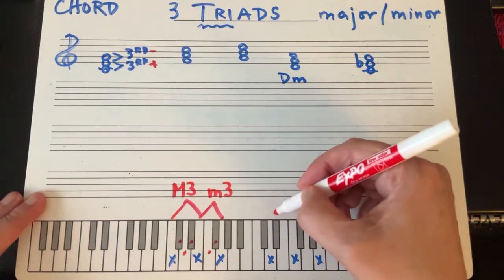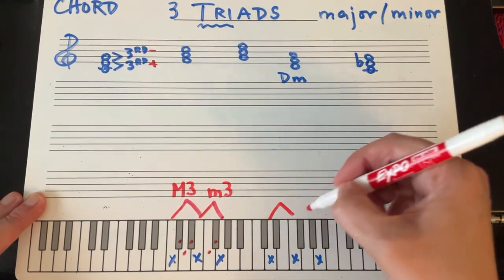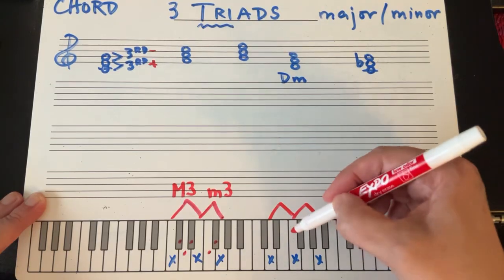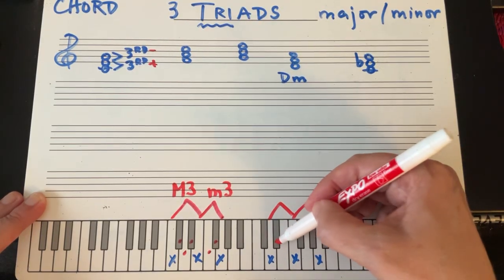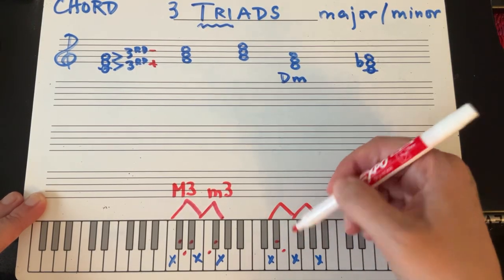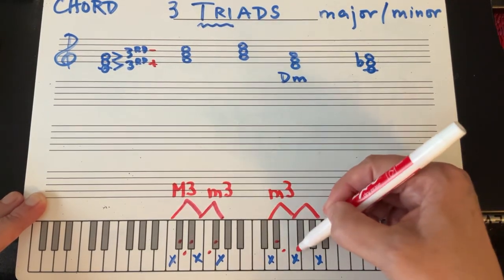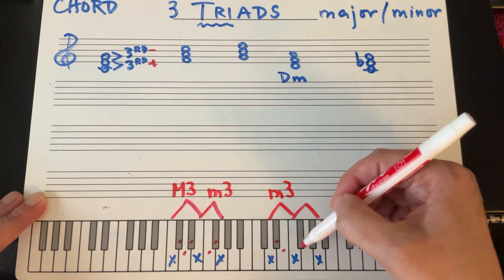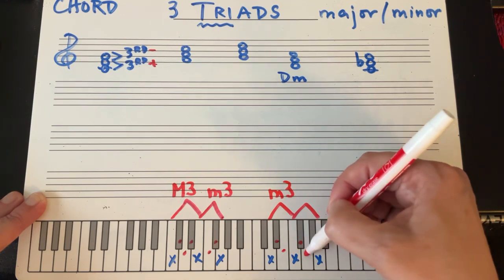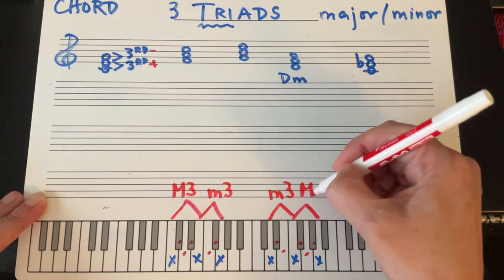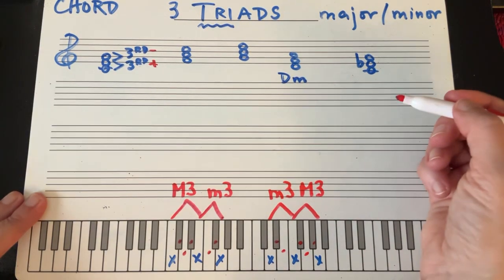Now, if you notice, the thirds for D minor are exactly the opposite. The bottom third is the smaller third, and the top third, F to A, now has the 3 keys that we've skipped over, and that's our major third.